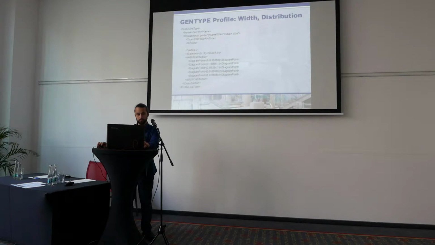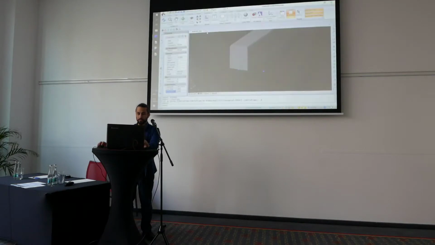Although the cross-section for culvert is a circumference, when we draw it with culvert, we do not get a cylinder as a result. This is what we get.